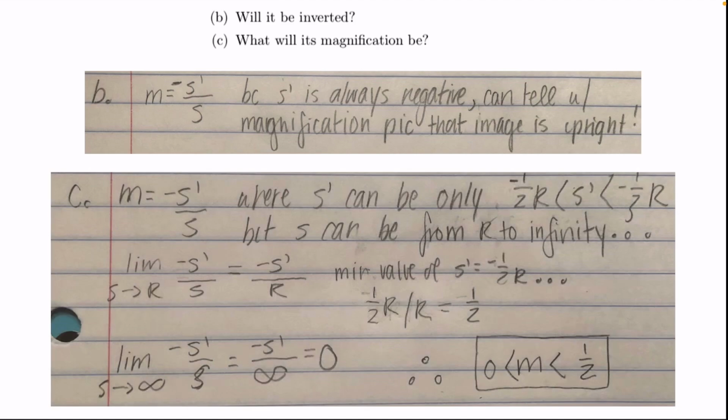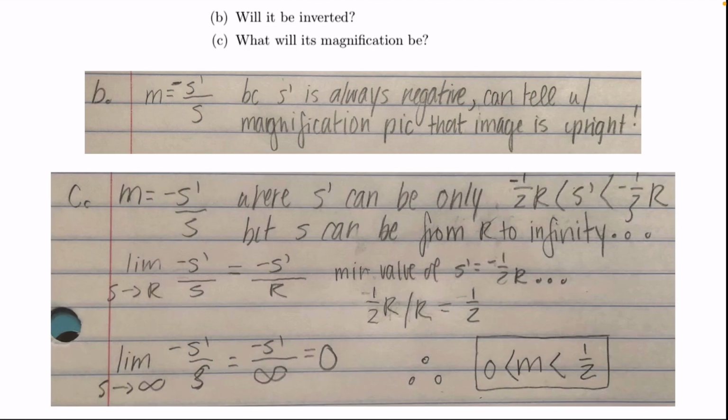So when we do it at r, we get negative s prime over r. And then I plugged in the smallest value that s prime can be, which is negative 1/2 r, to get that minimum magnification, or rather max magnification, for this situation.